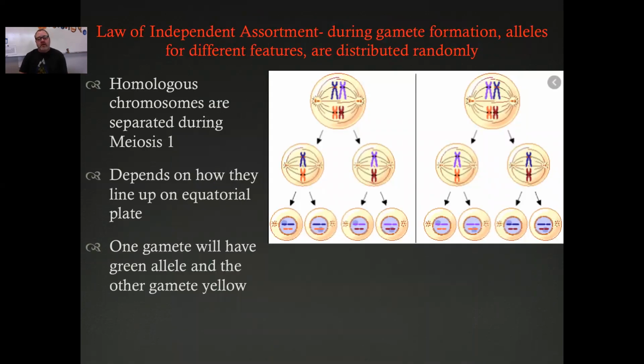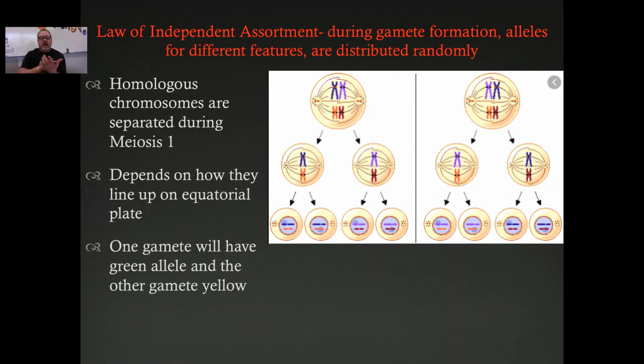So again, another natural way of things mixing and giving genetic diversity happens during meiosis, and that's the law of independent assortment. When the chromosomes line up along the metaphase plate, they line up completely randomly.